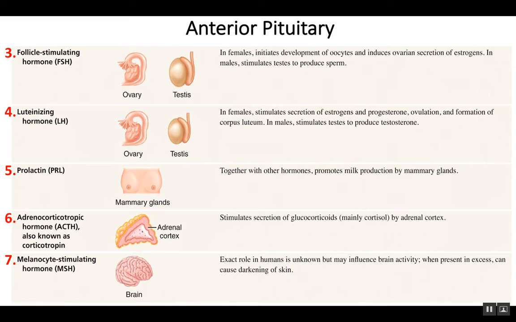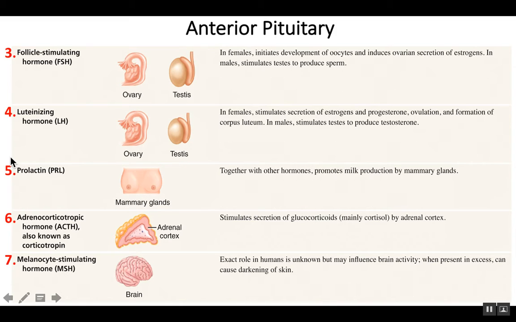So those are the 2 gonadotropes. There's a hormone produced by the hypothalamus called gonadotropin releasing hormone that stimulates the production of these 2. And that hormone is produced at puberty. So these 2 hormones are not produced until the onset of puberty.